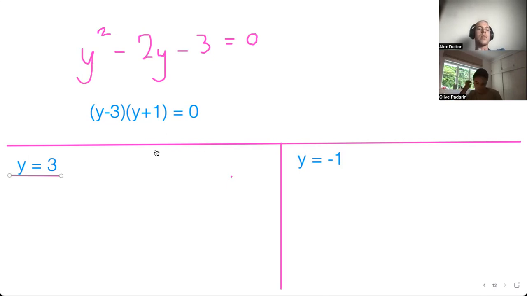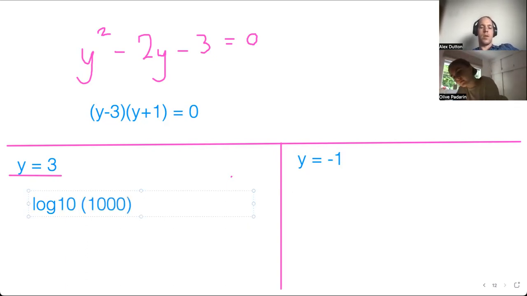So what number is 10 to the power of 3? 1,000. Exactly. So you just write 1,000, because if you did log 10 of 1,000 it equals 3.